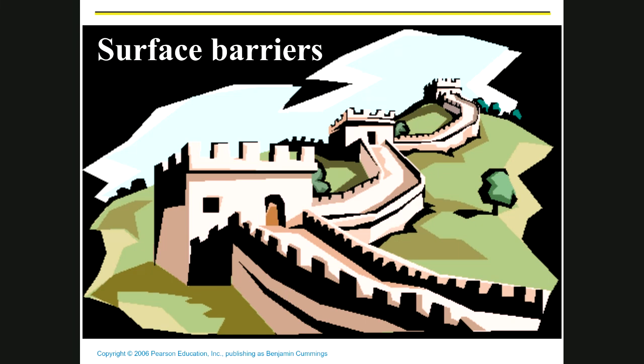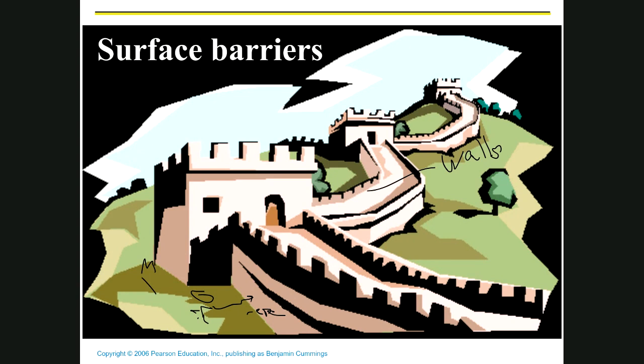Surface barriers are basically walls. So look at this. This is the Great Wall of China, and it was built to keep the Mongols out. But think about this. Here comes a Mongol, tries to get across it. It is always there. They built it. It's there. And so it's always going to repel the thing. But look, it's not going to treat a human any different than, say, it would treat, I don't know, a horse.